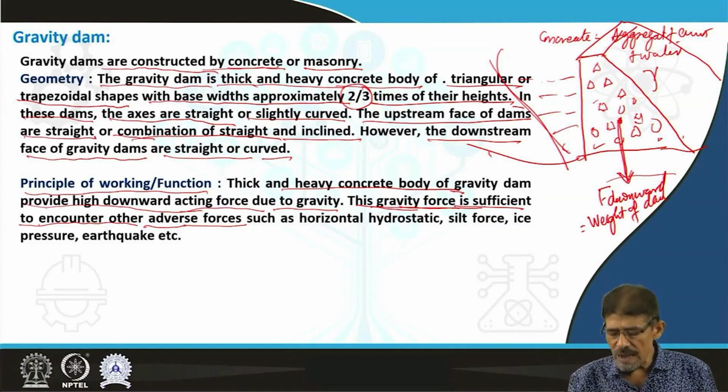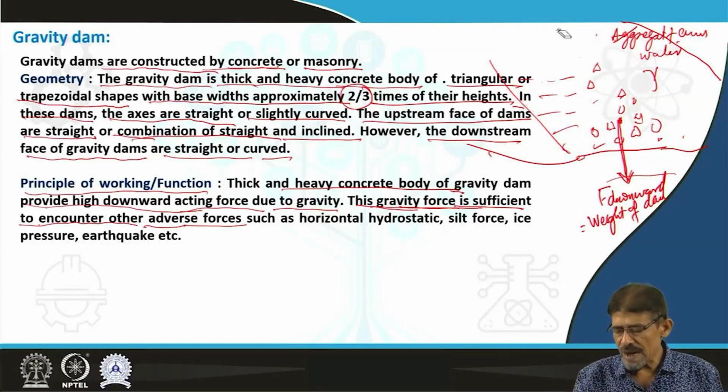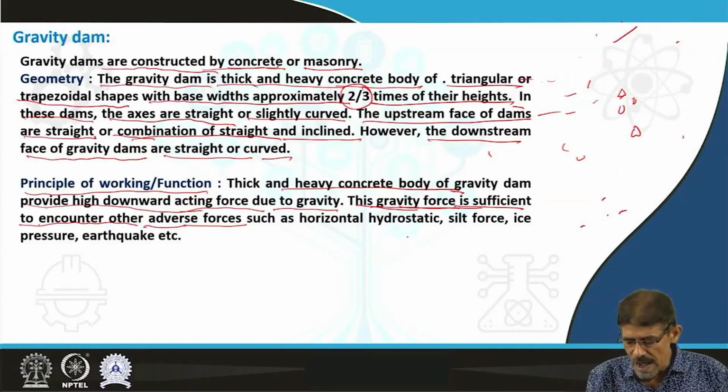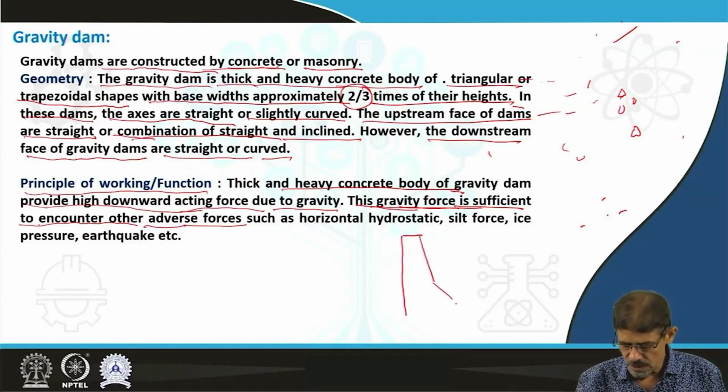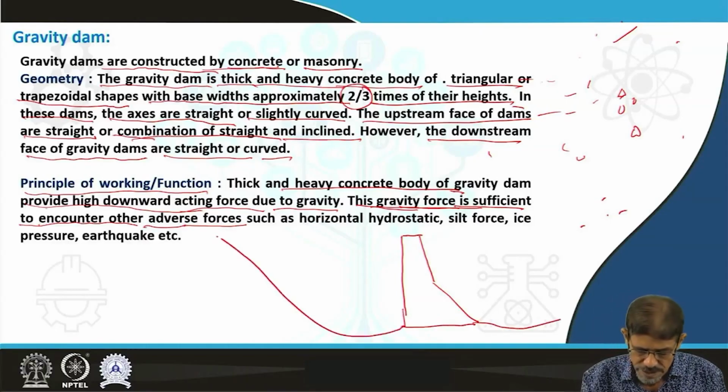So in all situations, here I try to show through this cartoon. Suppose this is the gravity dam, symbolic section of gravity dam. This is the downstream side, this is the upstream side.